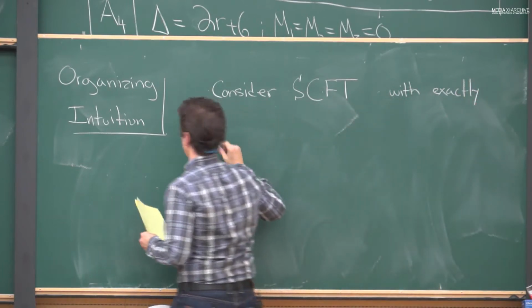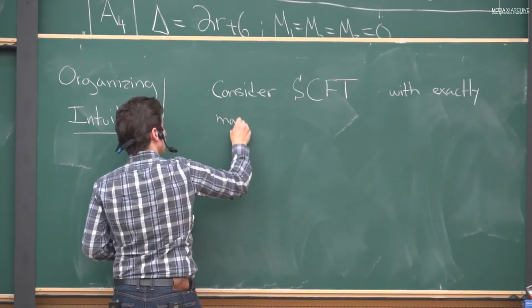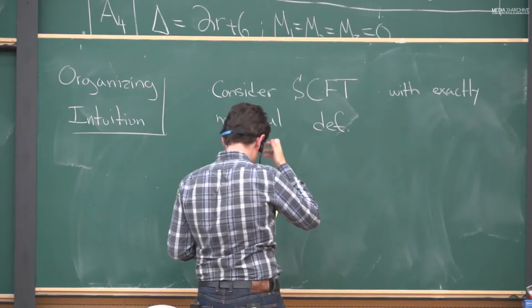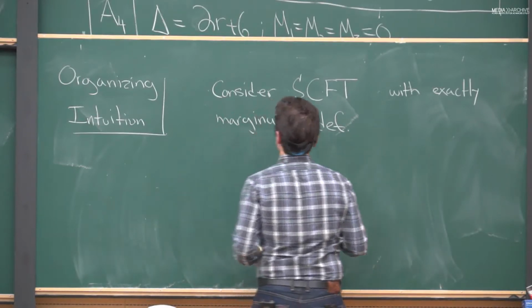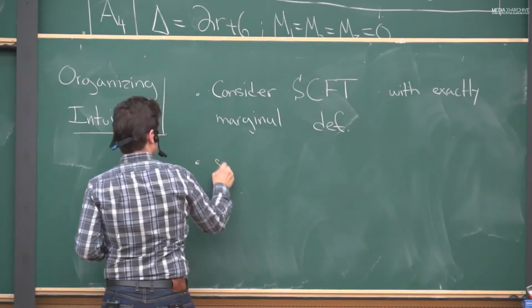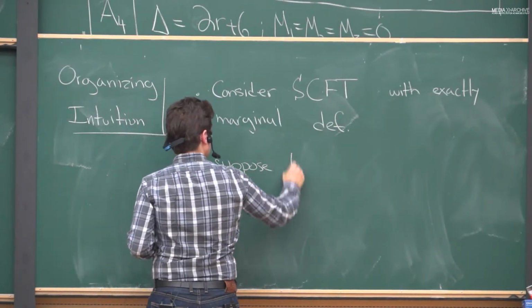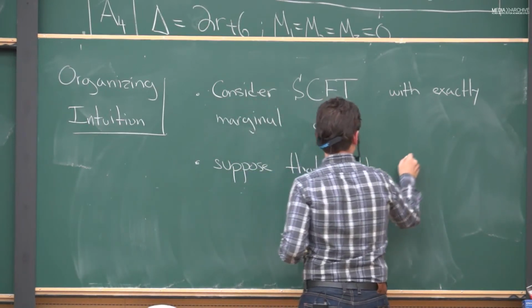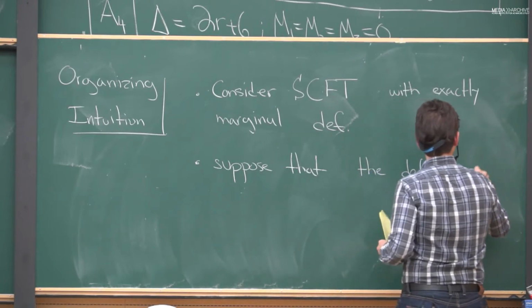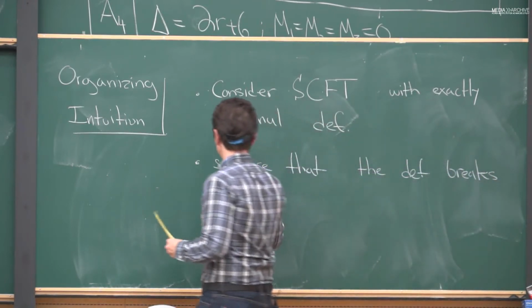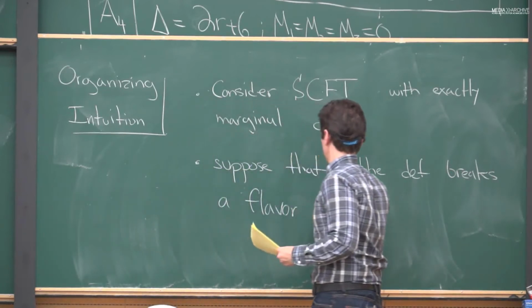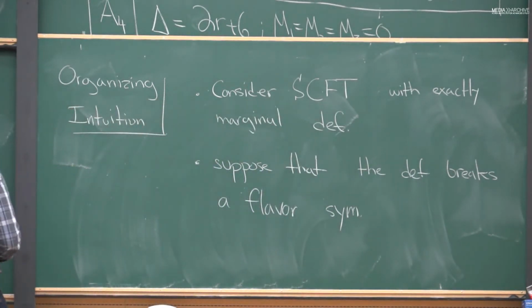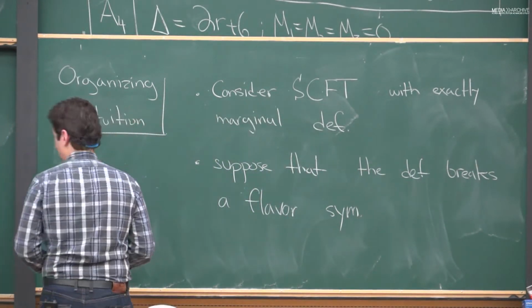This will be intuition for why the exactly marginal guys don't exist. And suppose further that this deformation breaks a flavor symmetry. Not all exactly marginal deformations are like that, but let's just consider this for the sake of argument.